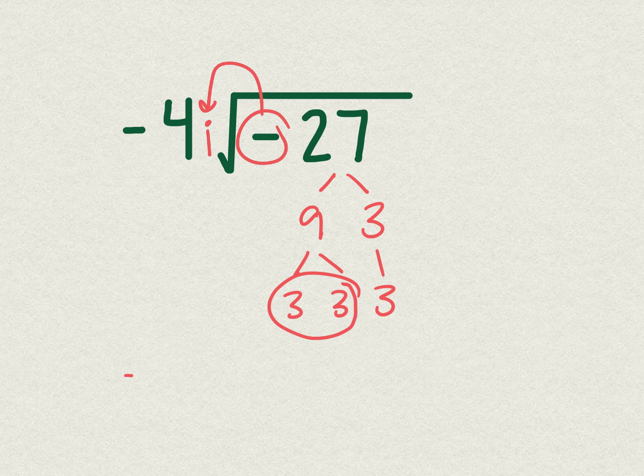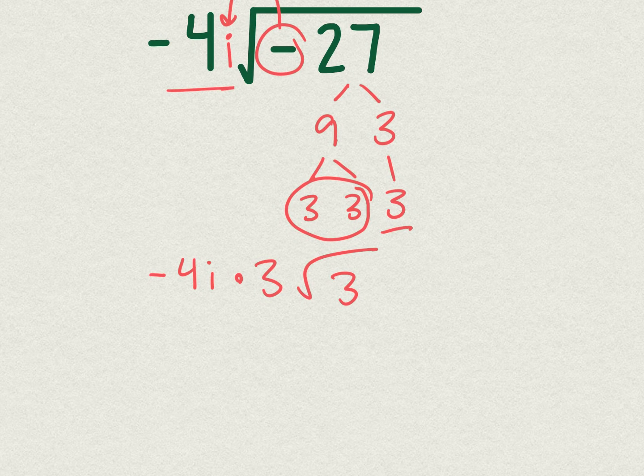A 3 comes out. So I already have a negative 4i on the outside times 3. What stays on the inside? 3. So how do I multiply this on the outside now? Negative 12i. Perfect. So we just multiply the 4 and the 3, and the negative and the i just stay there. So it'll be negative 12i square root 3.